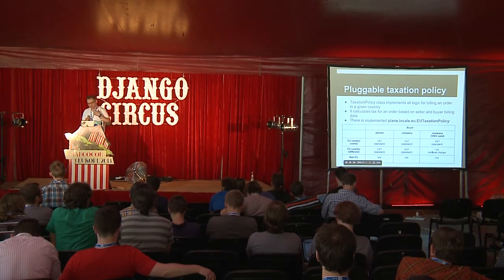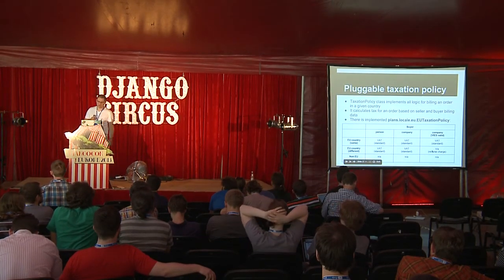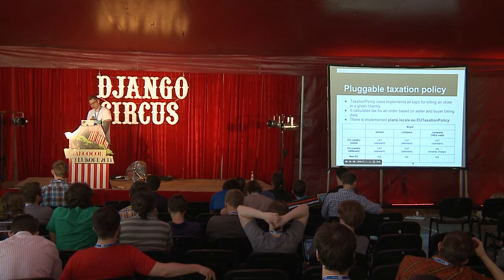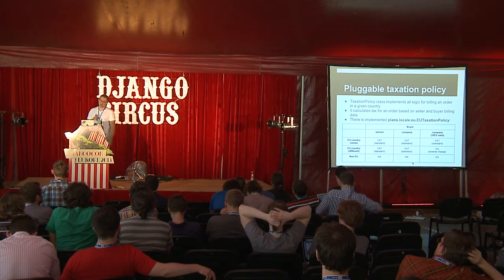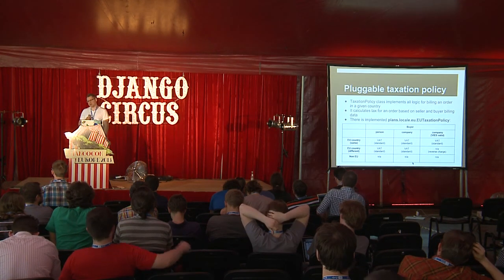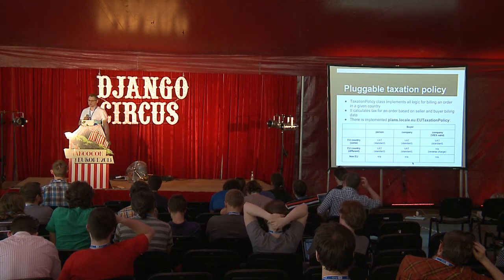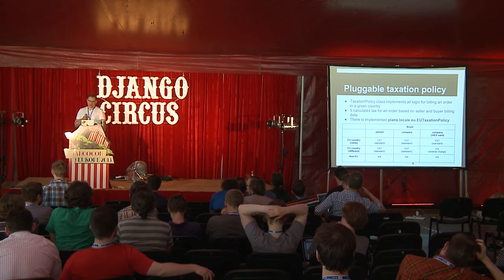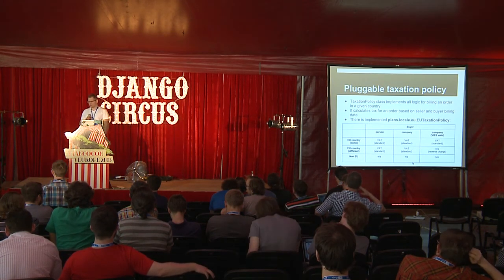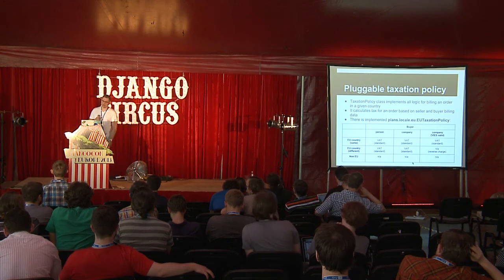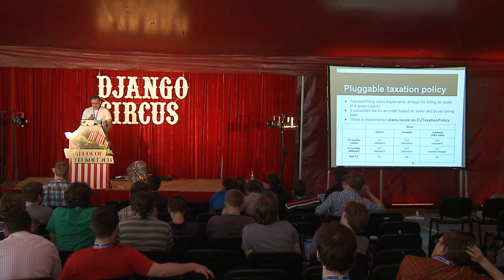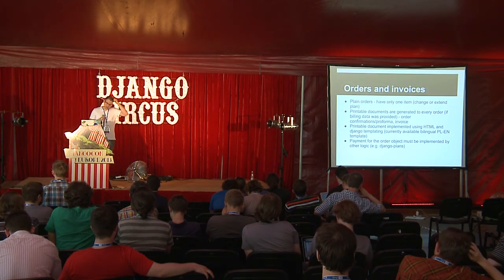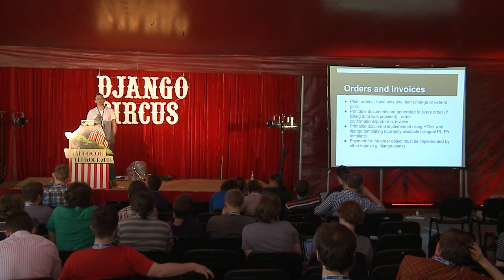Then you can do the reverse charge, and if you are billing a person from outside the EU, you do not charge the tax and so on. All of these activities are in the taxation policy, and I believe this is the common taxation in the whole European Union, but it definitely works in Poland. And I know that there is a developer from Russia, I think, who was starting to do something like that for Russia.